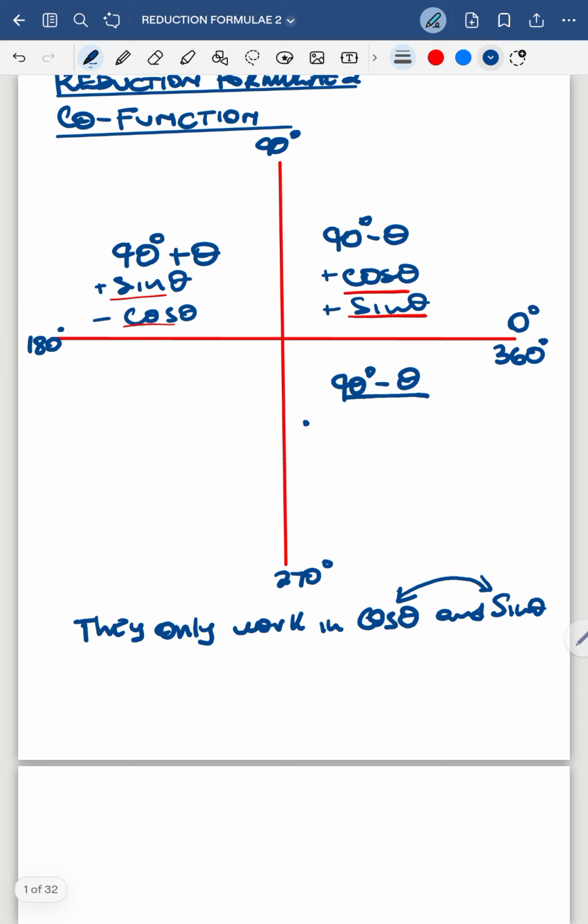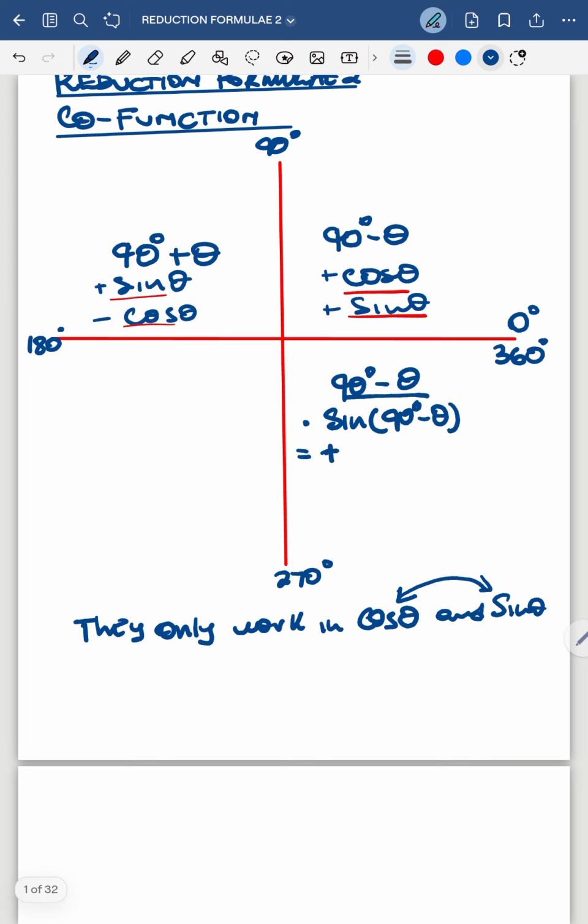Now let's start with 90 degrees minus theta. If I have sine open brackets 90 degrees minus theta, how are you going to write this? You say, which quadrant is this? It's the first quadrant. How is sine in the first quadrant? It is positive.